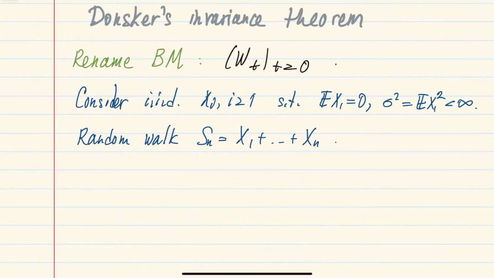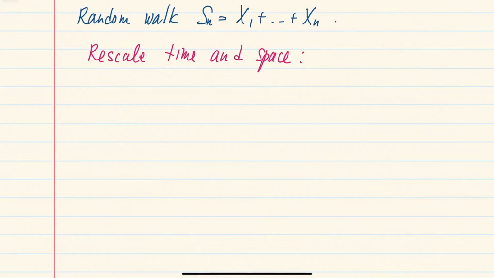Okay, and what we'll do here is rescale both time and space for this random walk, which we'll do as follows. We'll denote by W_t^n the following rescaling.